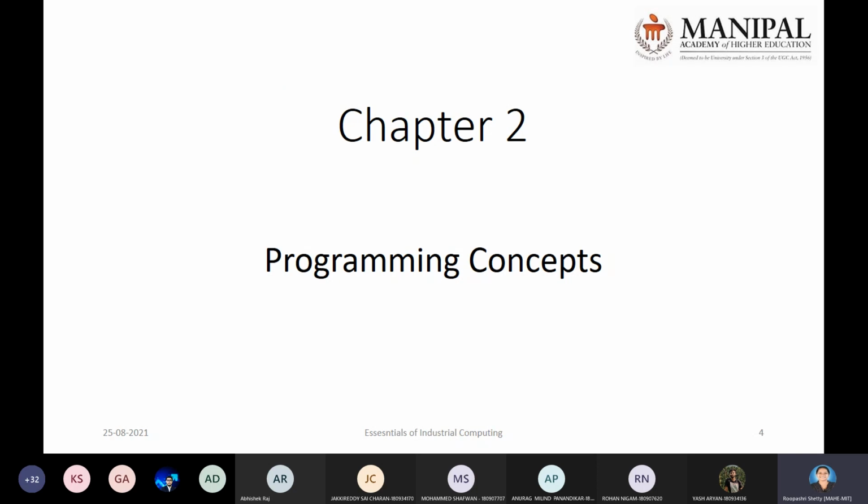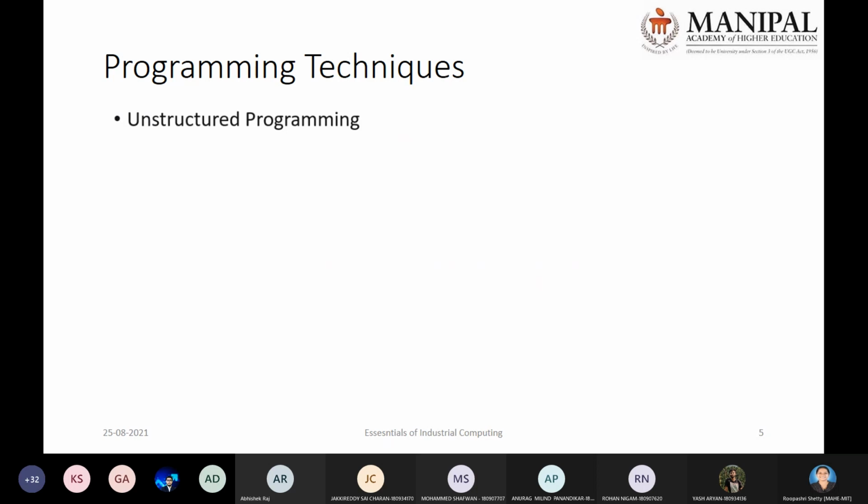So let's go with the next chapter. The first chapter is just giving an introduction of what the subject is, so I have just given you a brief idea of what OOP is. In the second chapter, let us see what programming techniques or programming concepts are available.